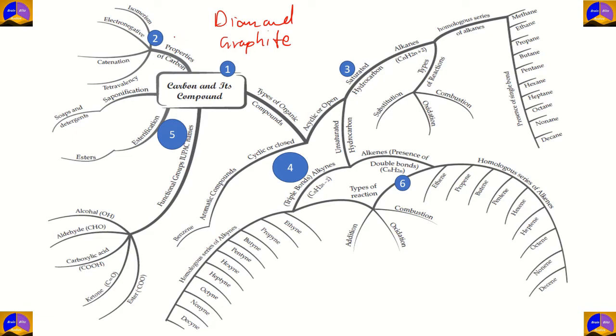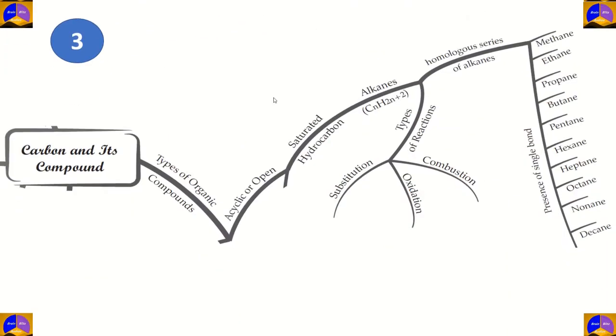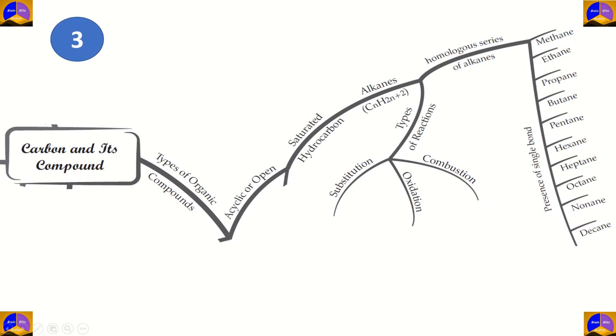Now, from the unique properties of carbon, let's look at the types of organic compounds that carbon forms. Organic compounds, as we mentioned, are compounds formed with carbon. When we're talking about organic compounds, we usually first divide them into acyclic compounds and cyclic compounds.